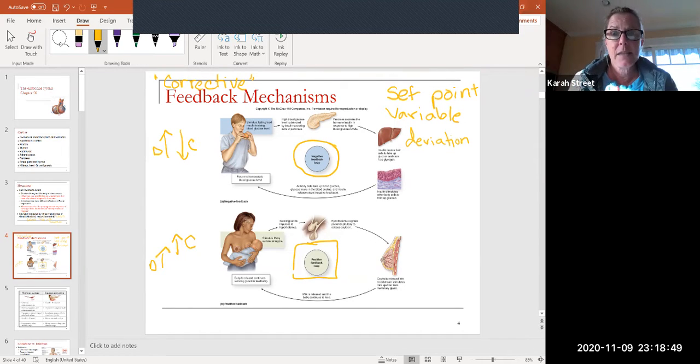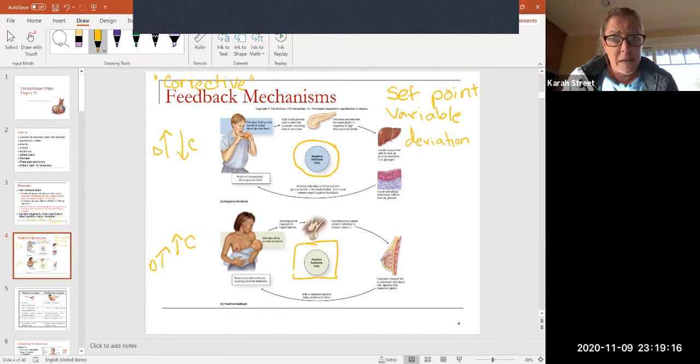So clotting, we want a very quick change, like an avalanche type change. Transform liquid blood into this clot so we don't bleed out to death. Some people have clotting disorders, and that is a risk they have. Simple things like children losing a tooth and it starts bleeding, they have died because they're hemophiliacs. They can't clot their blood.